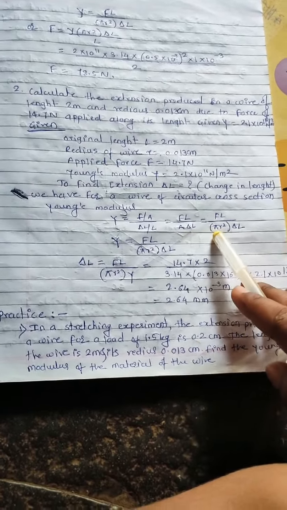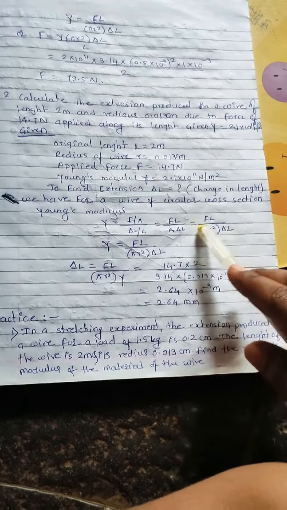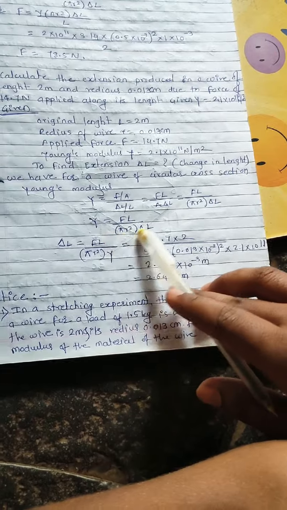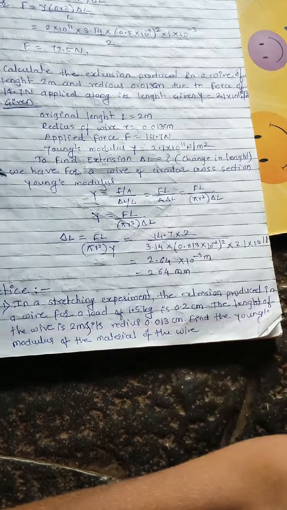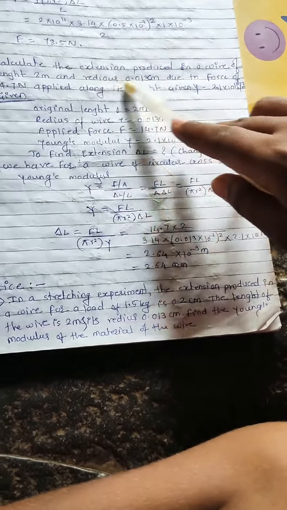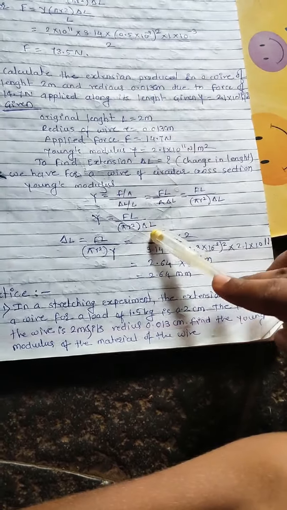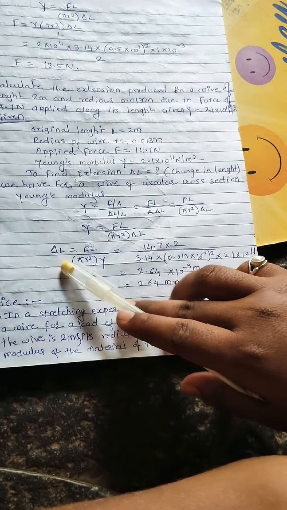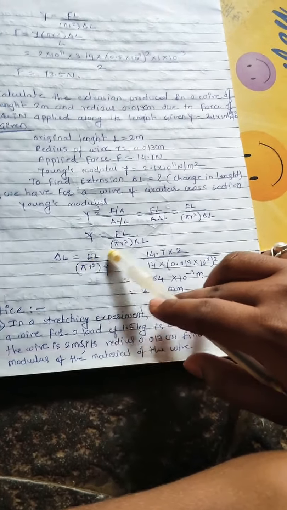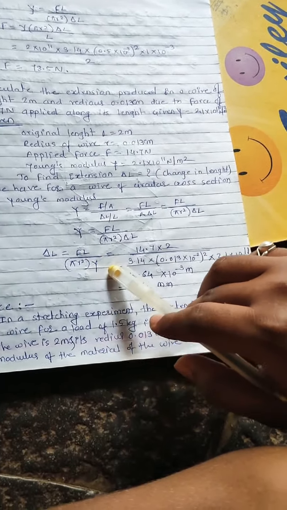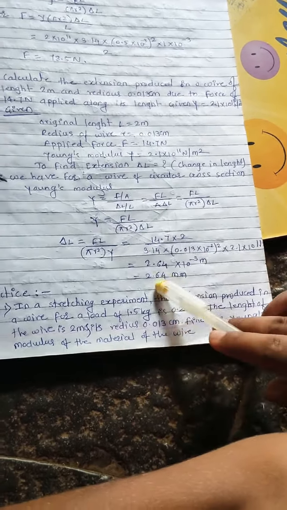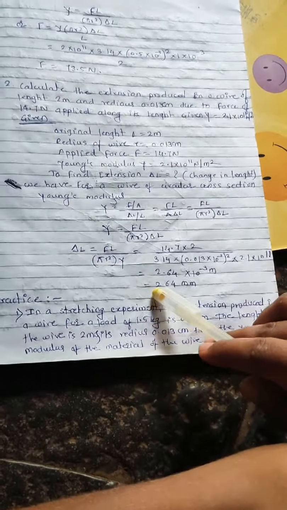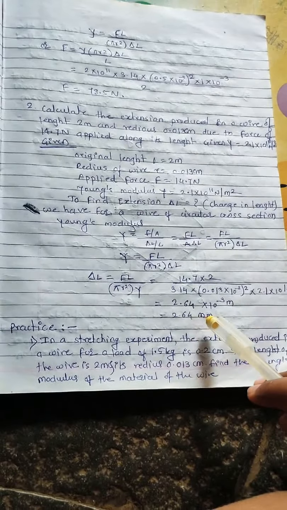Put the value of pi r square into delta L. Then we get Y is equal to FL divided by pi r square into delta L. In this problem we have to find the extension, that is delta L, so take delta L outside. Then we get delta L equal to FL divided by pi r square into Y. Put all the values, and we get the final value: delta L is equal to 2.64 mm.